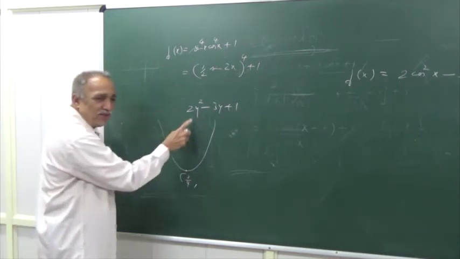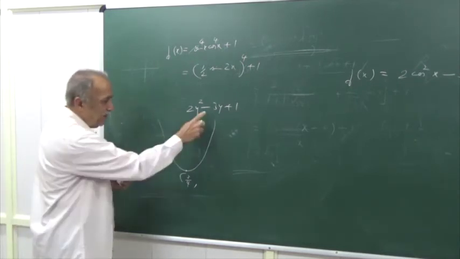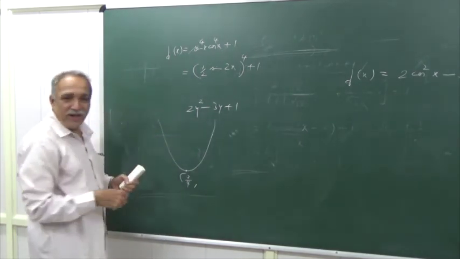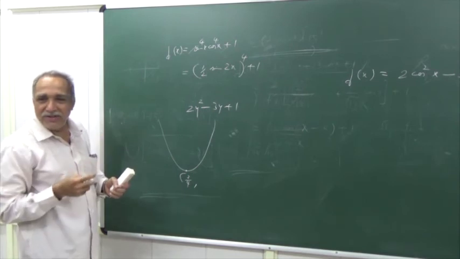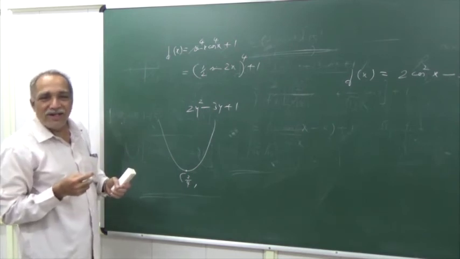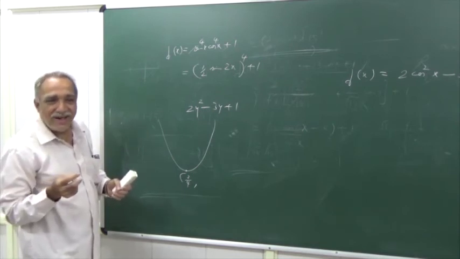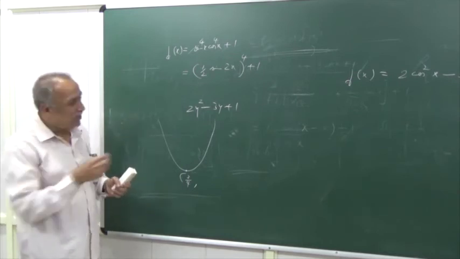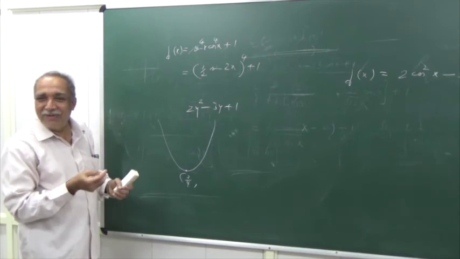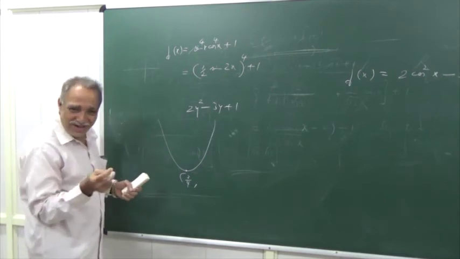Two into 9/16 is 9/8. 9/8 minus 9/4. 9/4 is 18/8. 9/8 minus 18/8, minus 9/8, plus 1, minus 1/8.